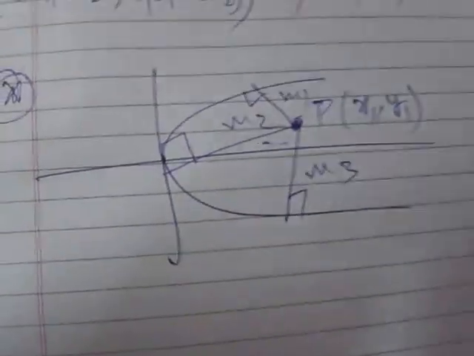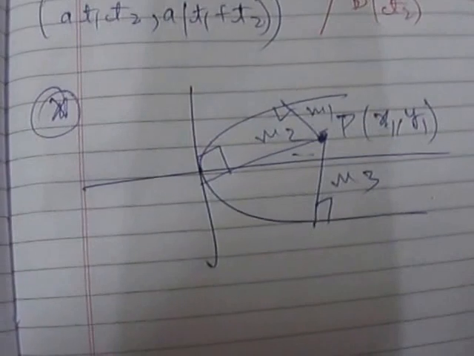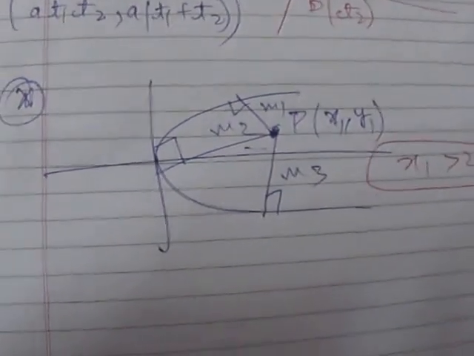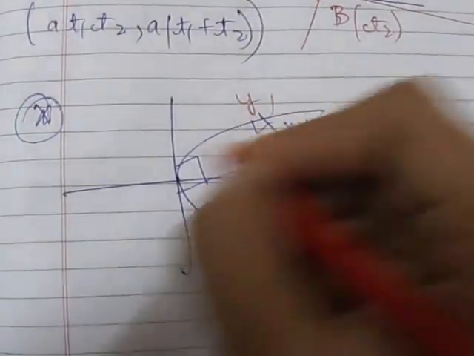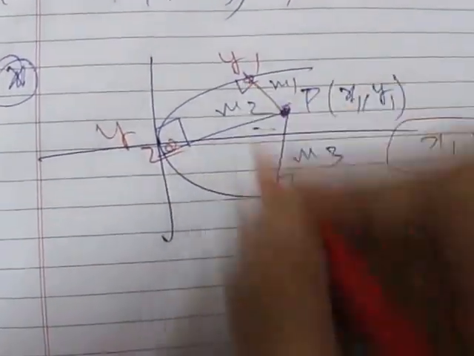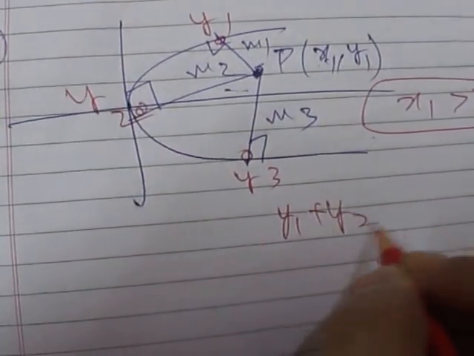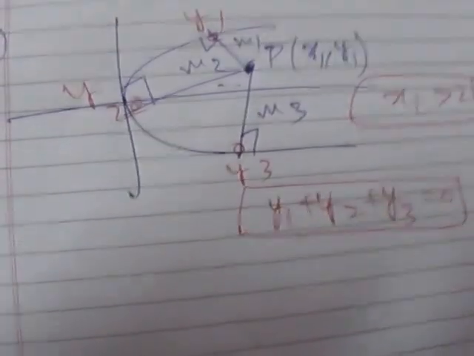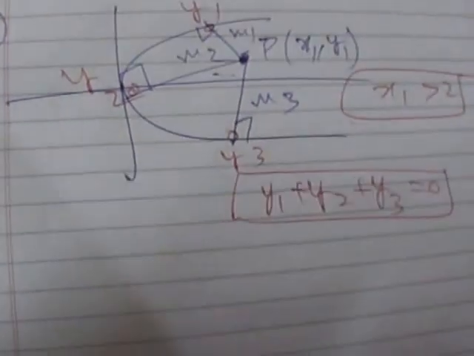This is the basic concept. And x1 is always greater than 2a. Remember it. The y coordinates y1, y2, y3 of the feet of the normals on the parabola satisfy y1 plus y2 plus y3 equals 0. Learn this, it is very important as well.